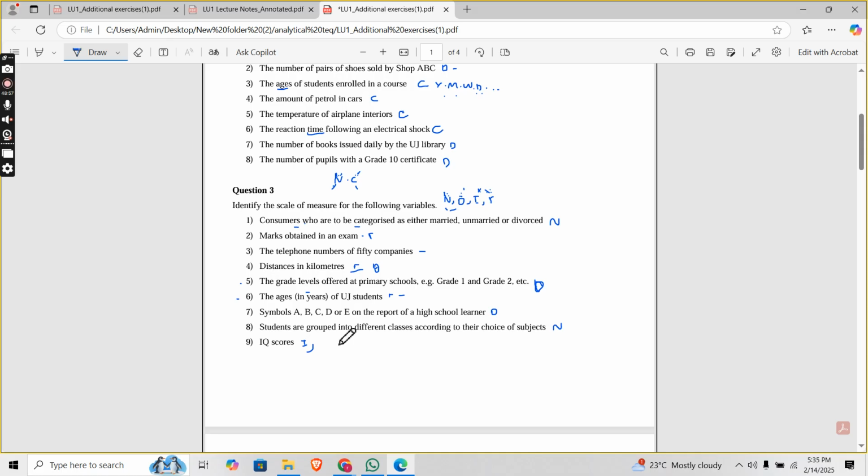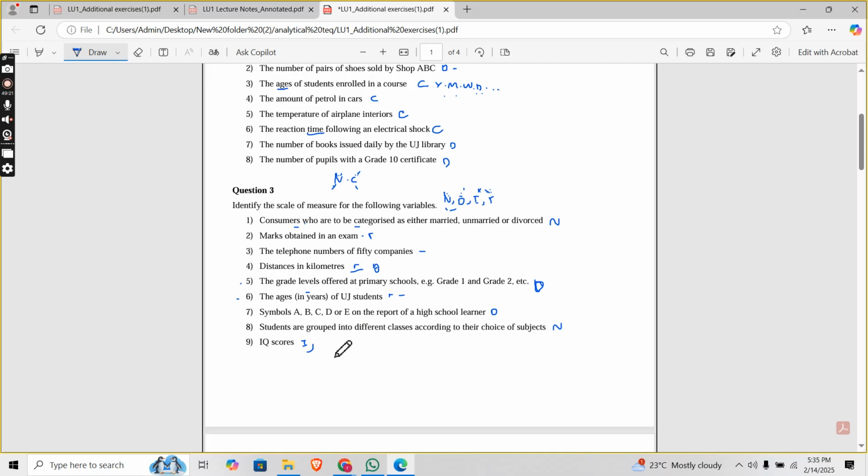And then the last one, the ratios are not meaningful. For example, if you have an IQ of 20, it does not mean that you are twice as intelligent as a person who has 10 IQ scores. Why?